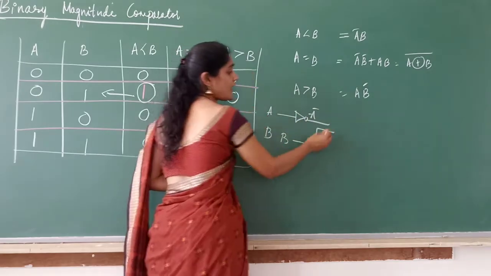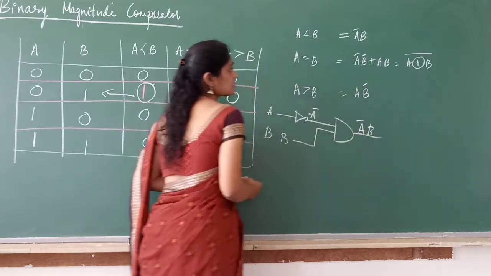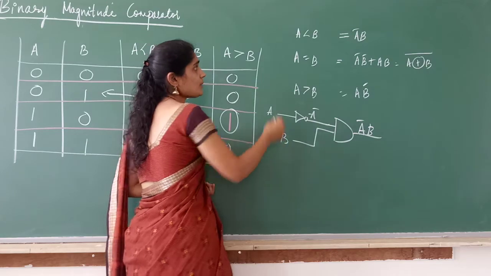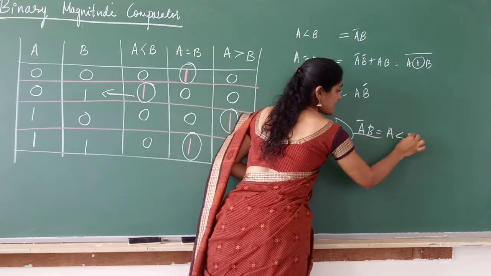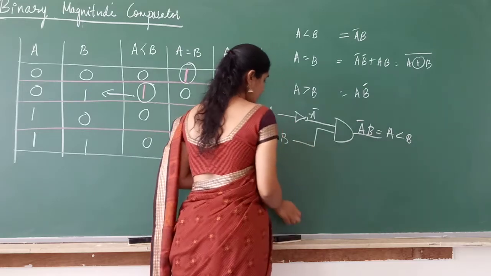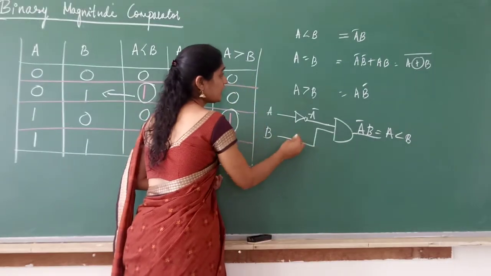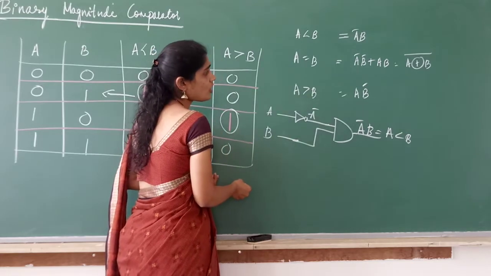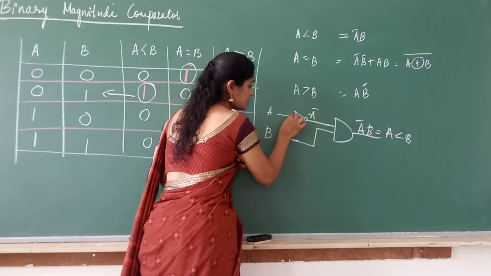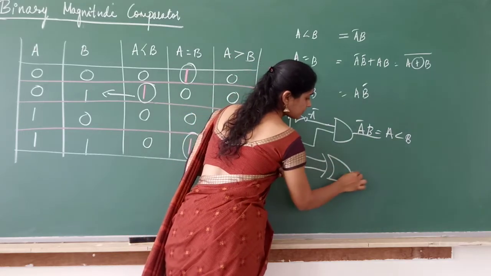Give these two to an AND gate. So this is A bar B, which is the output of A less than B, right? Next, A equal to B is what? A XNOR B. This is A, this is B, through an XNOR gate.